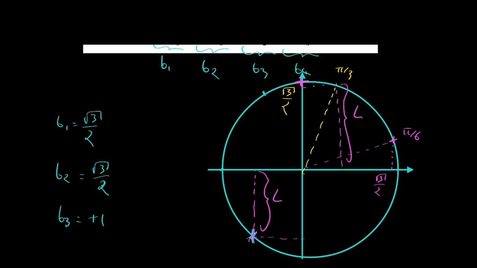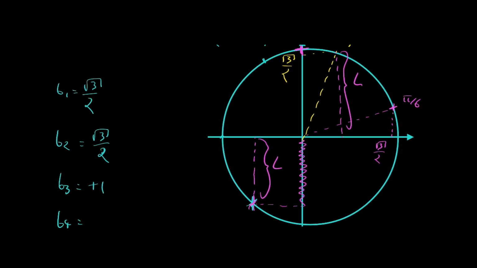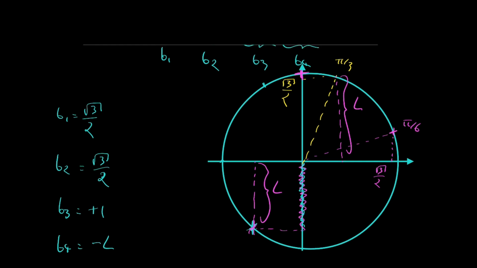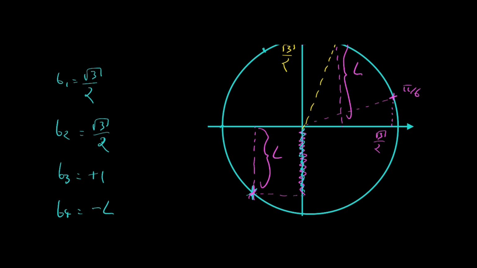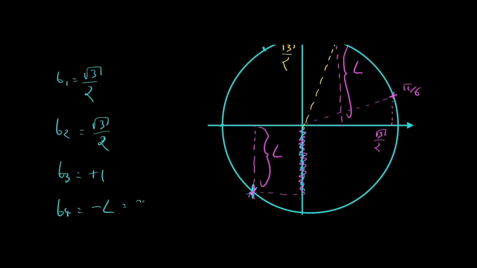But this time I am counting it negatively for the sine because we are in the negative part of the sine. So B4, which is sine of 4π over 3, will be equal to minus L, because we've got this length here, but counted negatively in comparison to π over 3. So minus L, which is equal to minus the sine of π over 3, minus square root of 3 over 2.